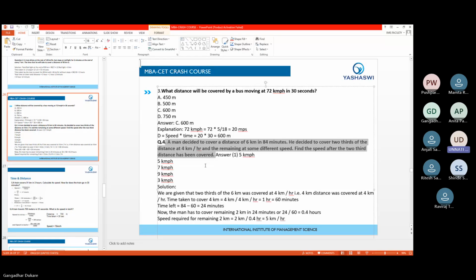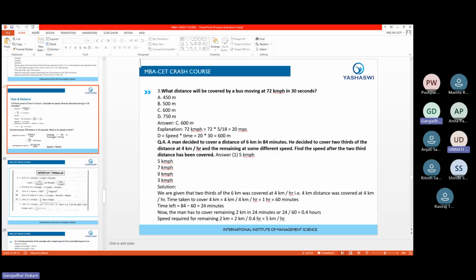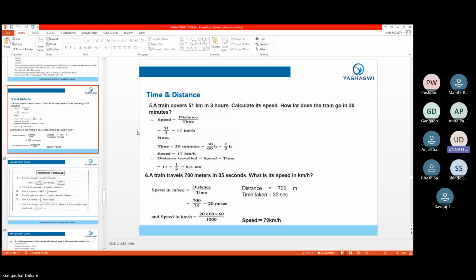So why, Unnati, have we divided? Why did we multiply 72 by 5 by 18? Our speed is in kilometer per hour, and our distance is measured in meters.